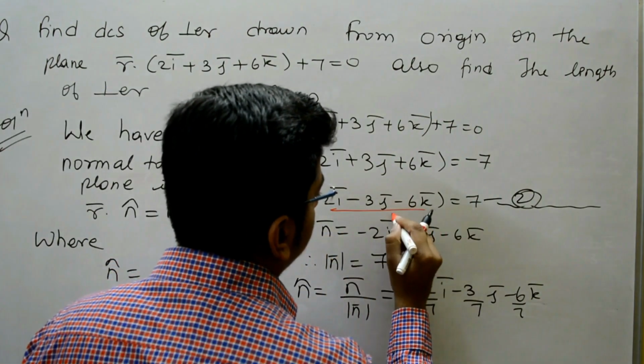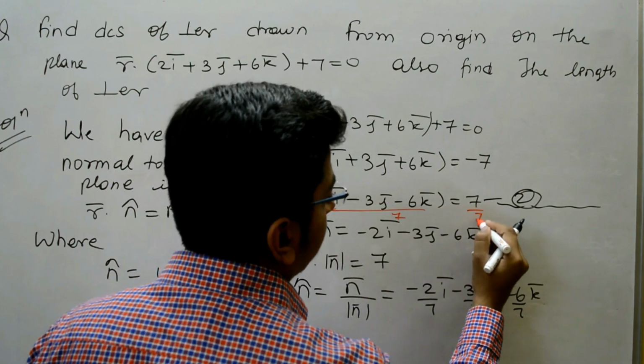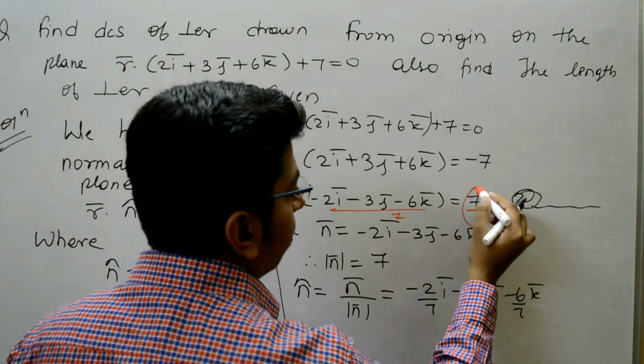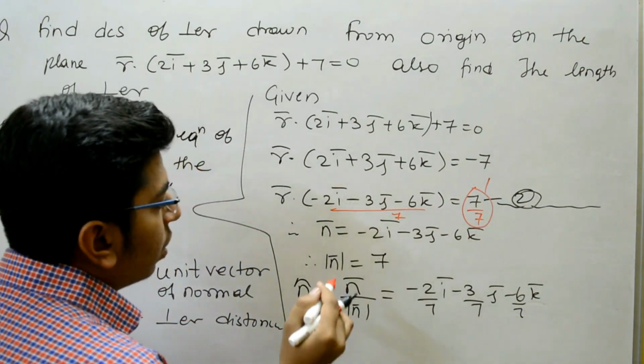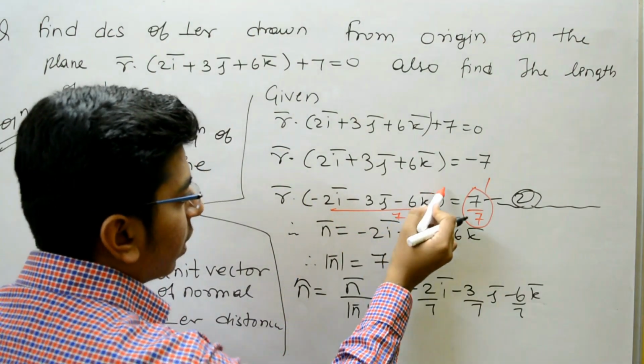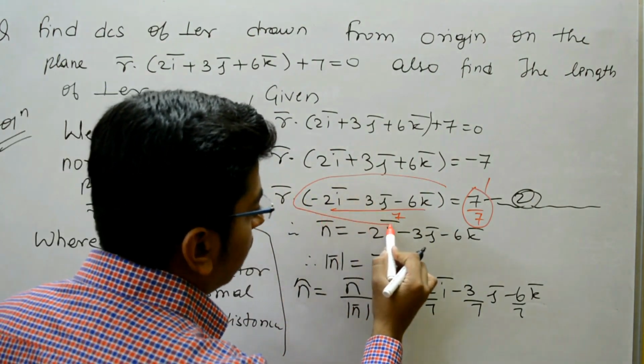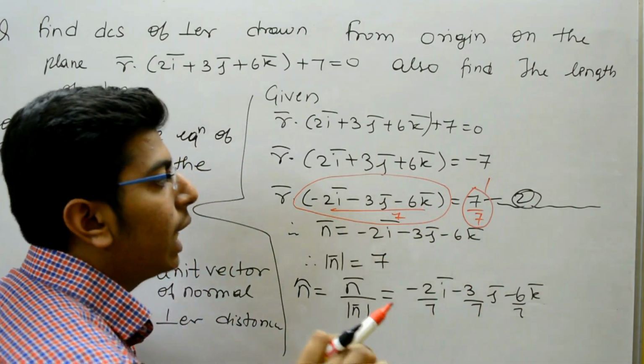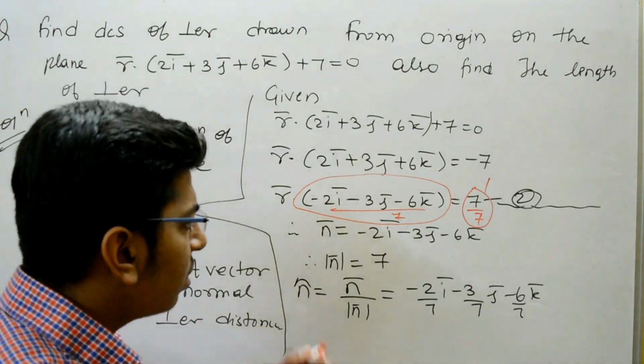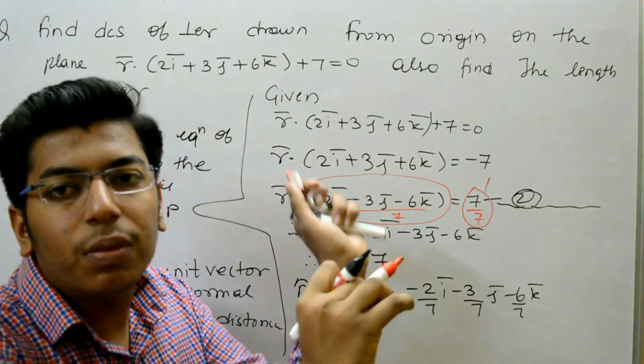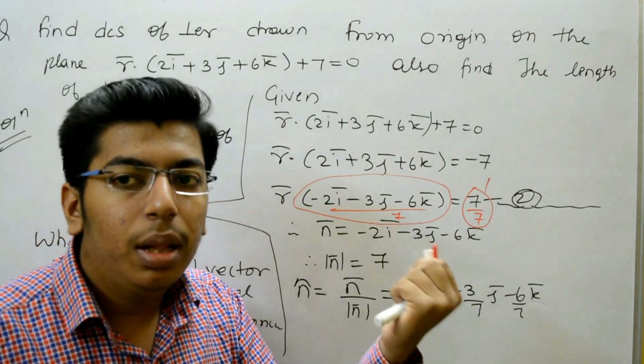So here we divide by 7, here divide by 7, this will become 1. All this is n cap.